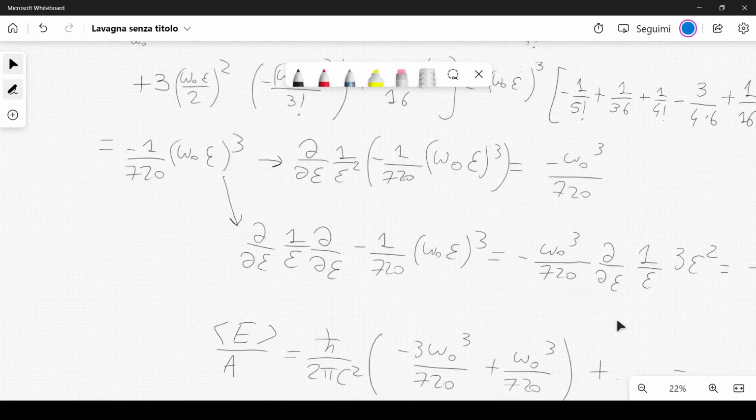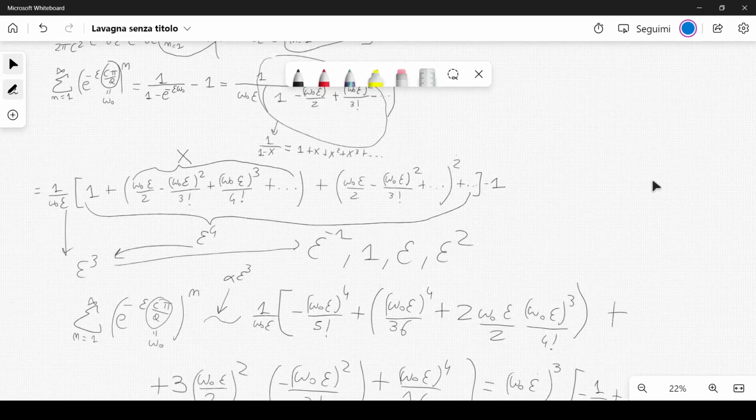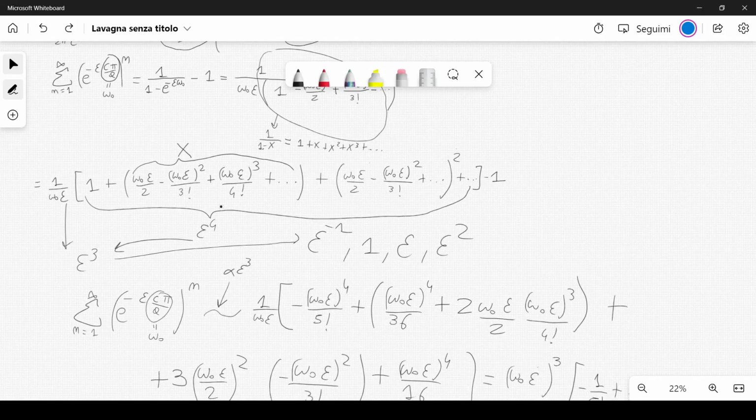So if you take a look at x squared, the only contribution of order epsilon cubed comes from twice this term multiplied by this term, right? And then you get another contribution from x cubed, so it's just the cube of this first term. So it's quite simple.